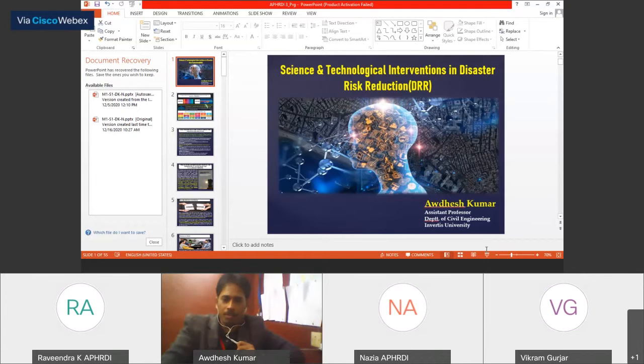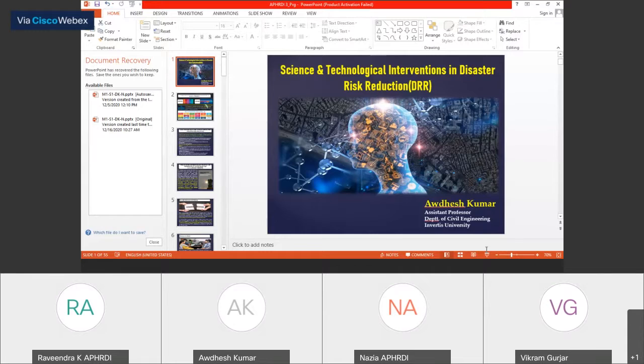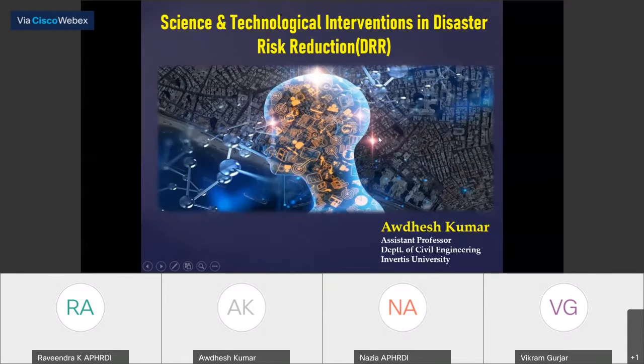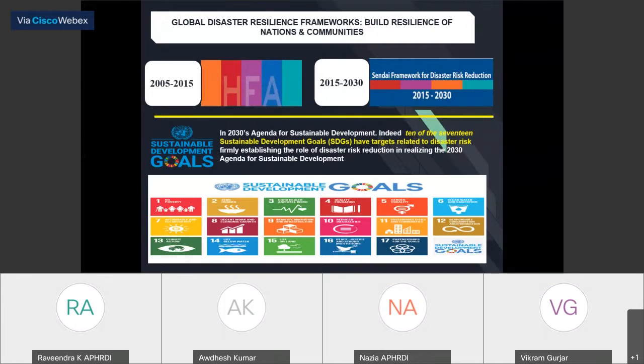The importance of disaster management and its connection can be seen with this line: out of the 17 sustainable development goals, 10 are closely linked with disaster risk reduction.